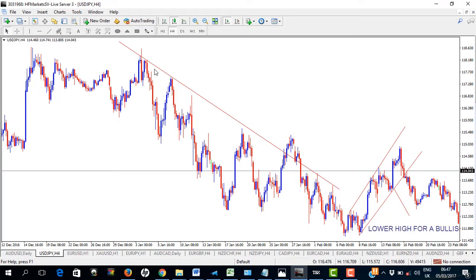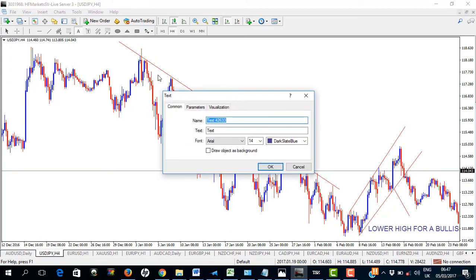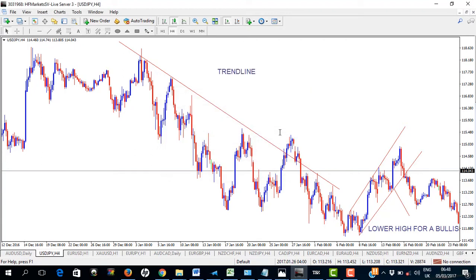We only have two, so we look for a better one. We don't want to force it. I guess we have three now. Good. This is where price makes a higher low, higher low, higher low, and this is our trend line.